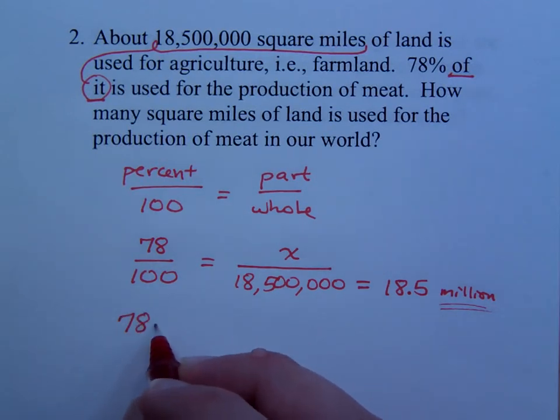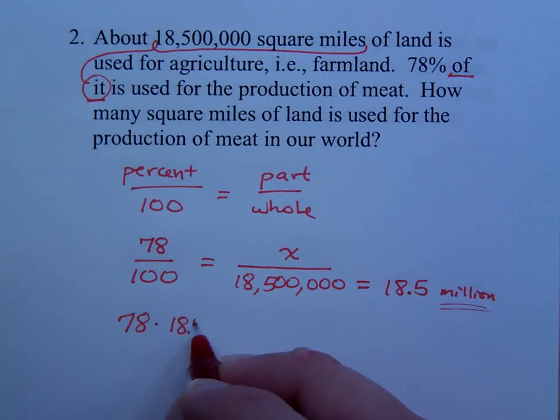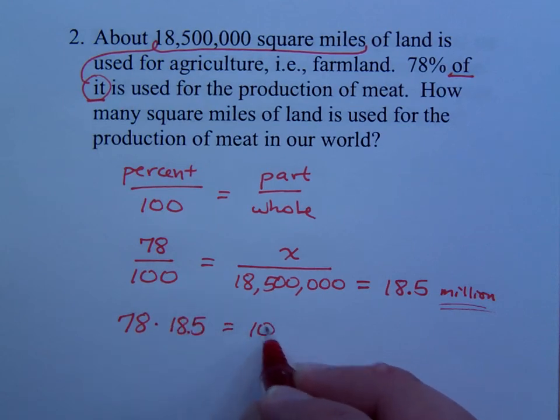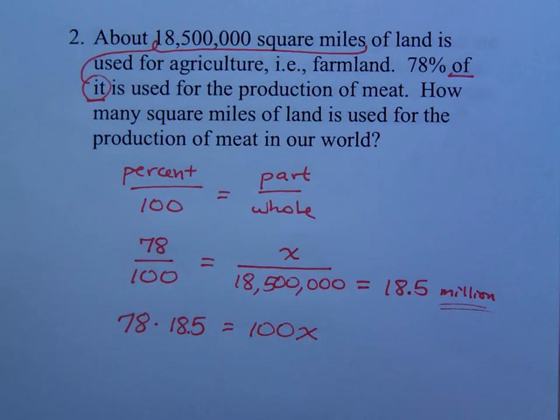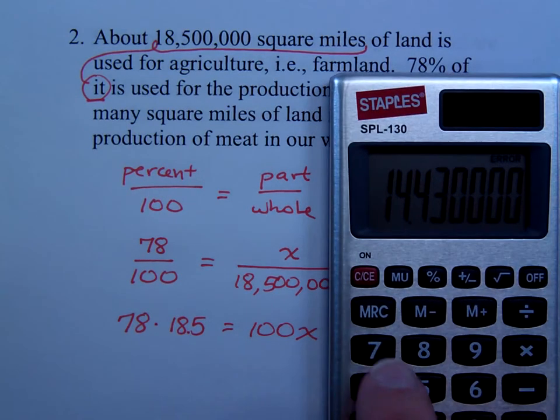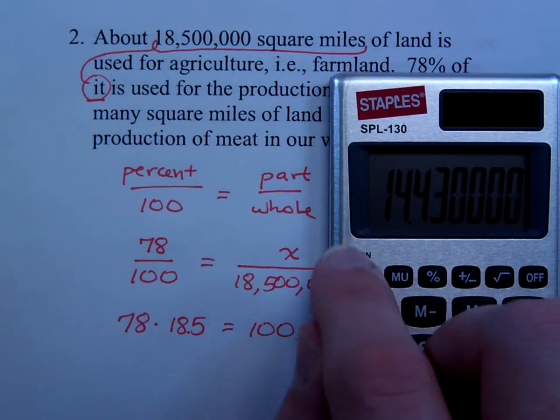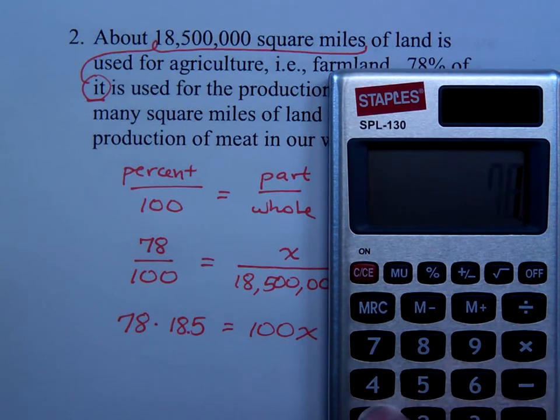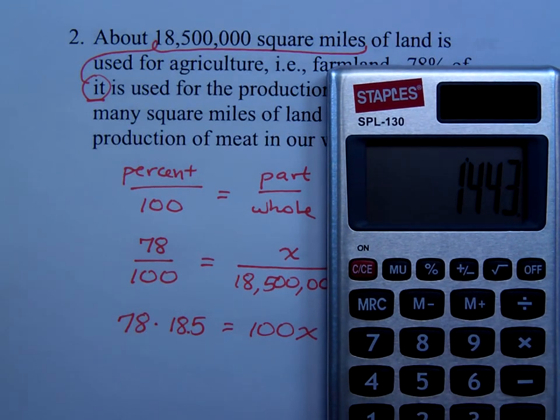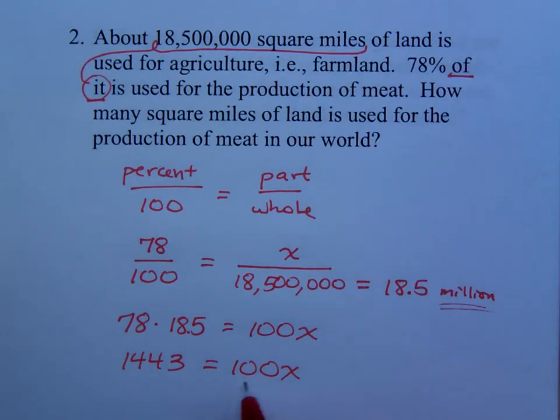Well, that's 78 times 18.5 equals 100x. So let's see, we have 78 times 18.5, 1443 equals 100x. Even without using the calculator, we can divide this by 100 easily.